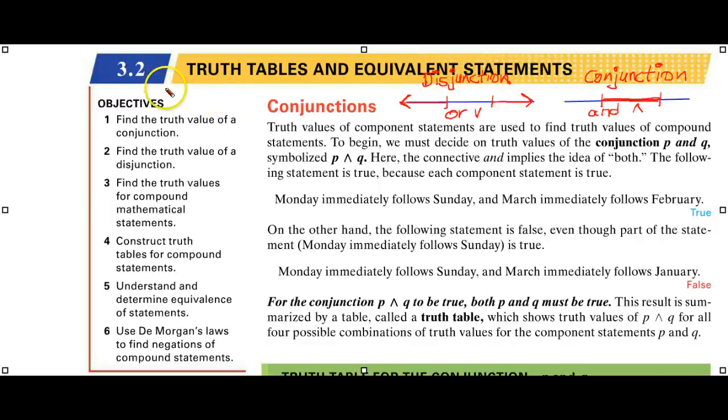As we start topic 2 of chapter 3, we're going to be dealing with truth tables and equivalent statements. But I've put something here from math that you may or may not remember.